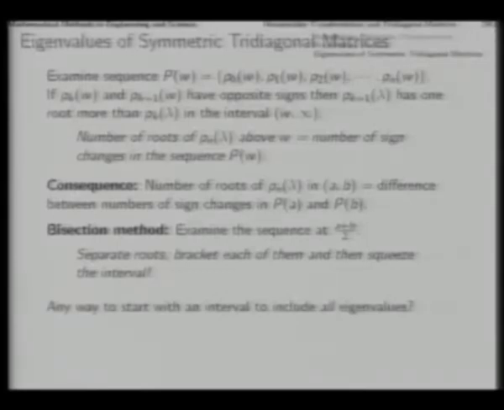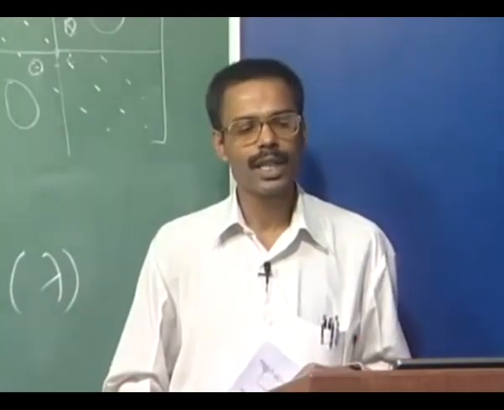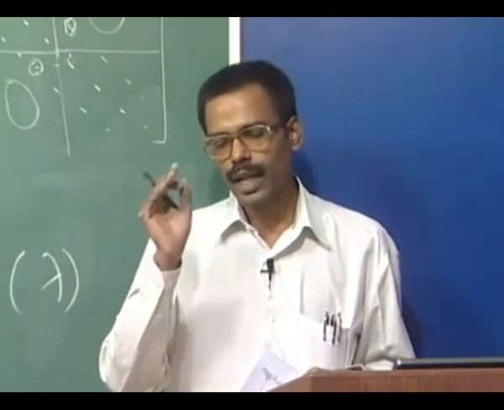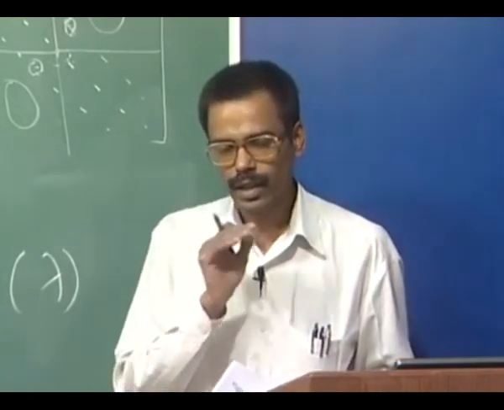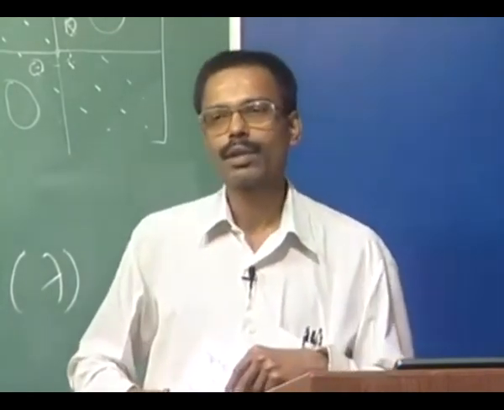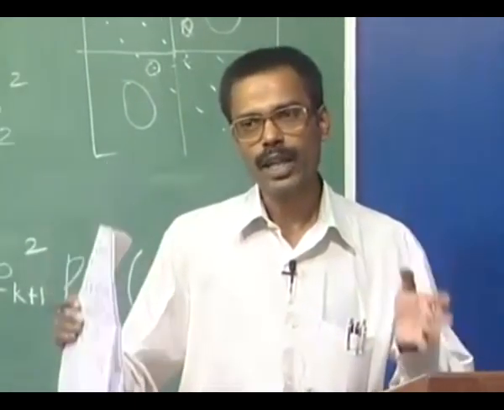So, with what interval do we start? Do we start from minus infinity to infinity? Then it will be very difficult to process because bisection will work indefinitely. There is a little trick in starting the process if you want to solve for all the eigenvalues.